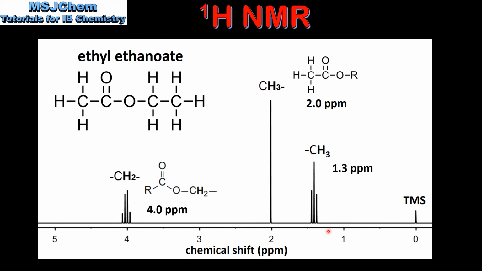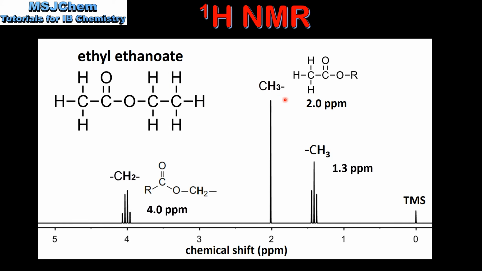In this spectrum, we can see that there are 3 main clusters of peaks, which means there are 3 different chemical environments in which protons are located. Next, we'll use the values of the chemical shifts to identify the type of protons in each chemical environment. Starting at the right, the value for the chemical shift corresponds to the 3 protons in a CH3 group.